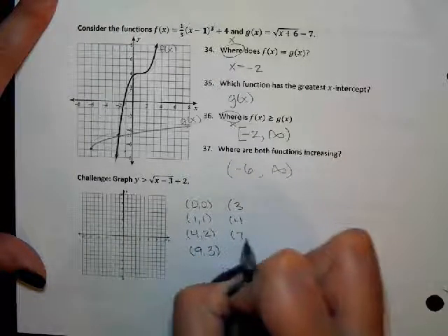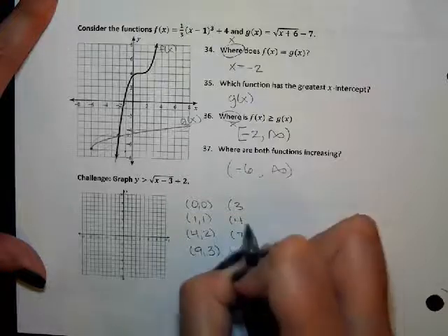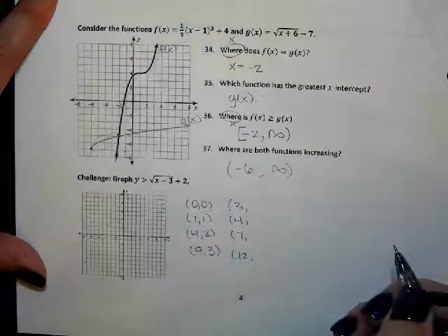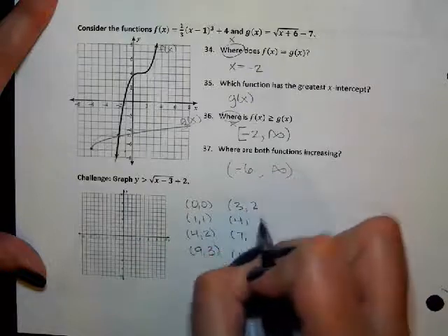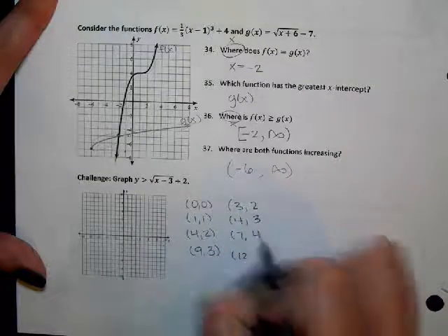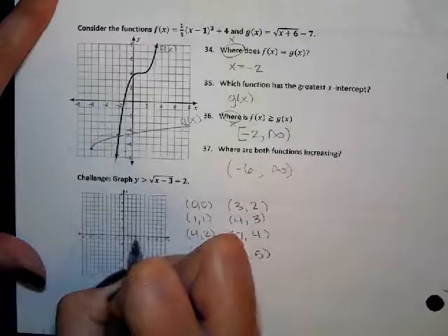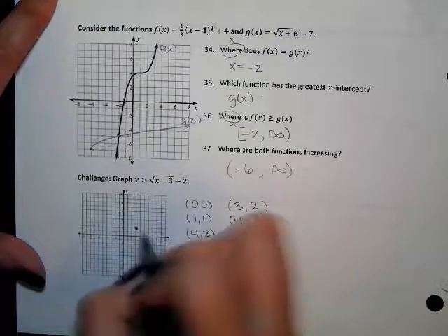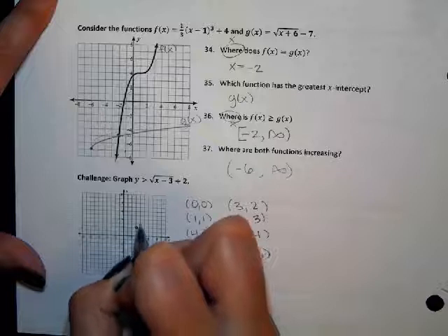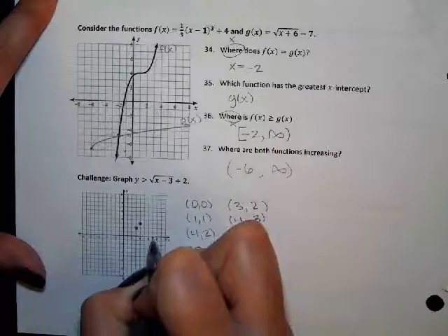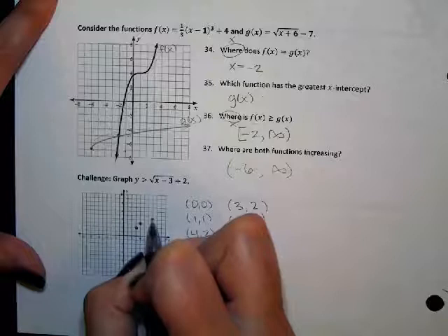Okay. So right 3 up 2, right 4 up 3, right 7 up 4, right 12 up.